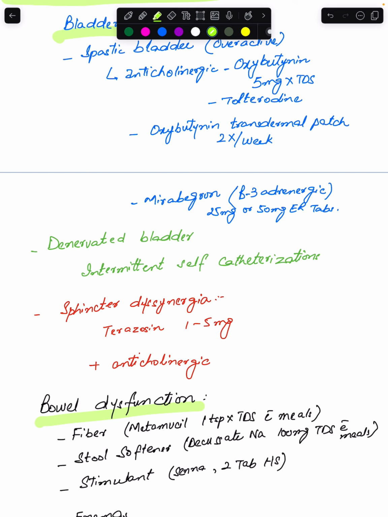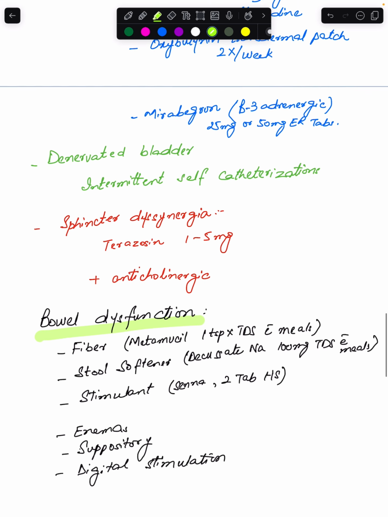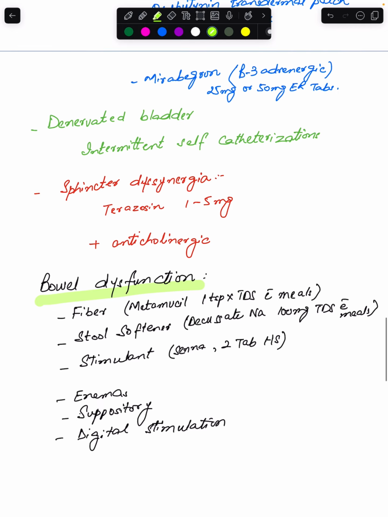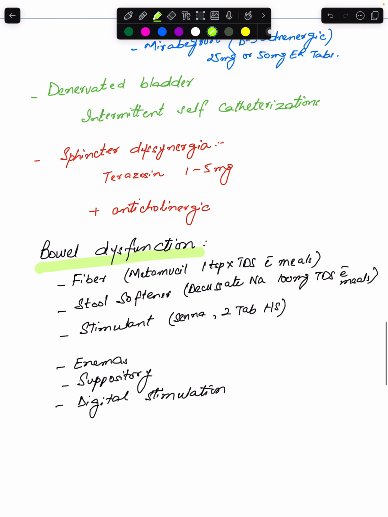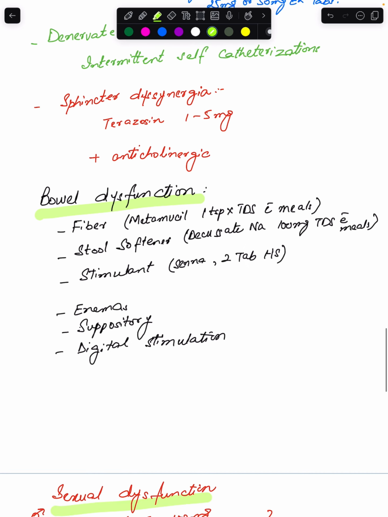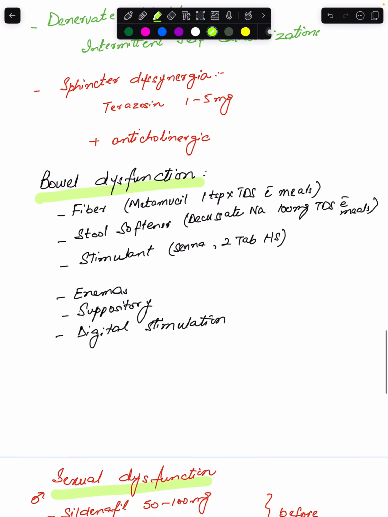In case of denervated bladder, we can try intermittent self-catheterization, and in case of sphincter dyssynergia, terazosin 1 to 5 milligram along with anticholinergic can be given. For bowel dysfunction, we can give fibers, stool softeners, stimulants such as senna, or we can give enema, suppository, or digital stimulation can also be done.